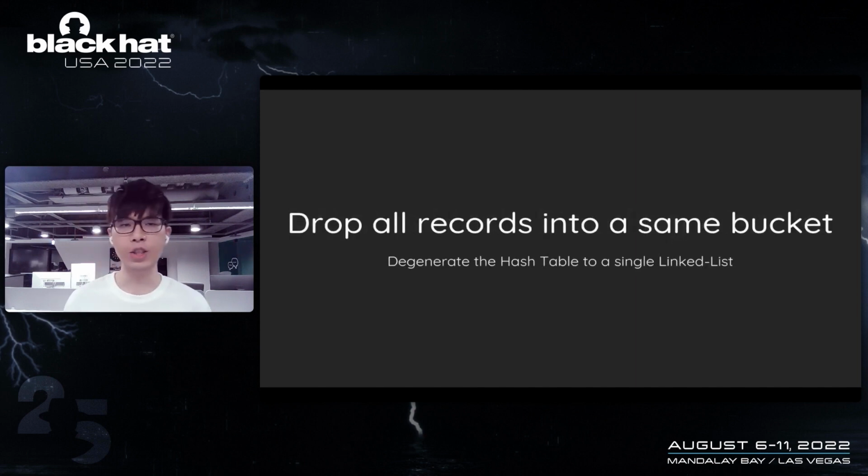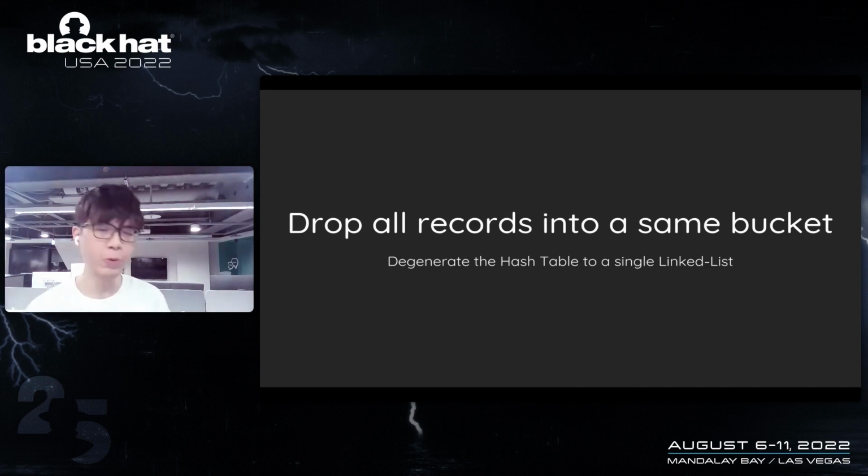The idea of the hash flooding attack is to drop all the records into the same bucket. Since the hash algorithm is public, an attacker can predict its hash and make all records fall into the same bucket. And at that time, the attacker degenerates the hash table, which can store numerous records, into a single linked list.